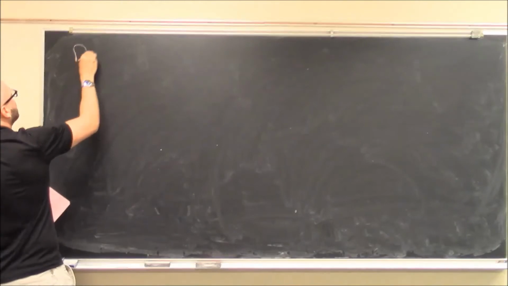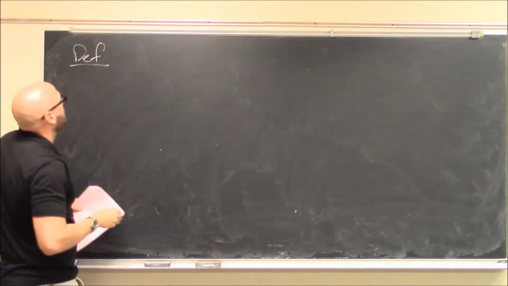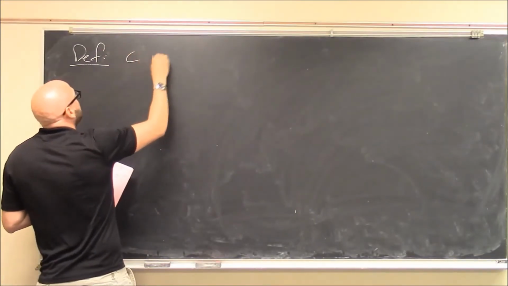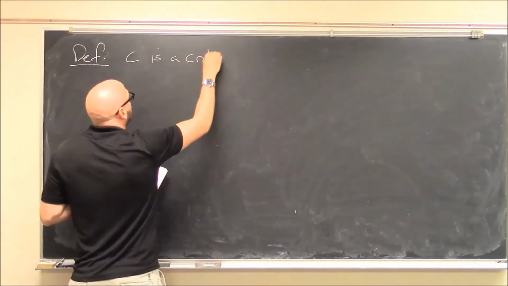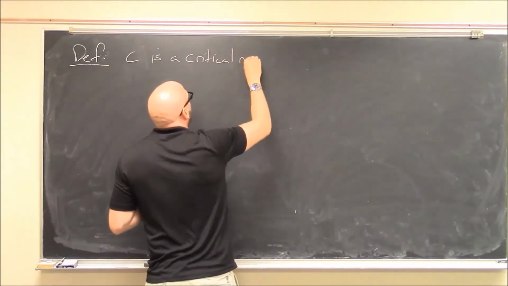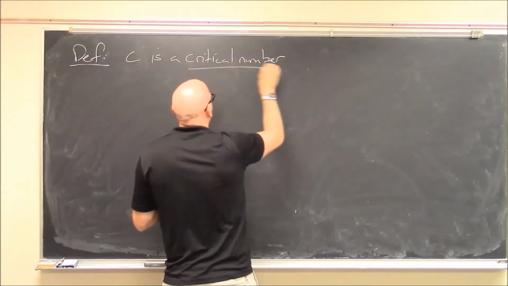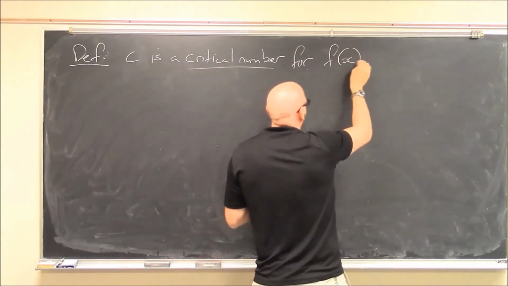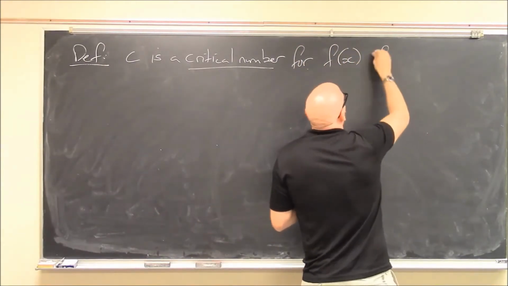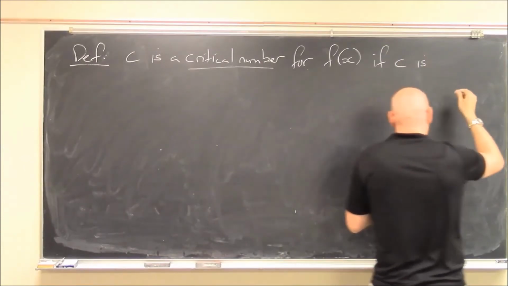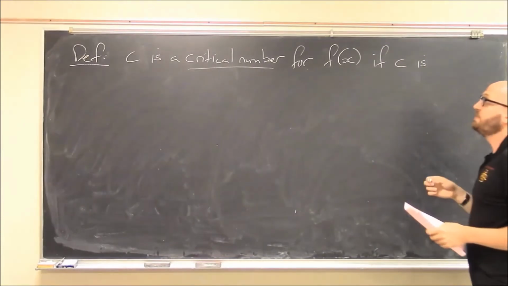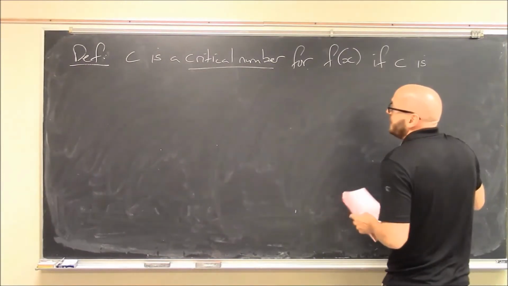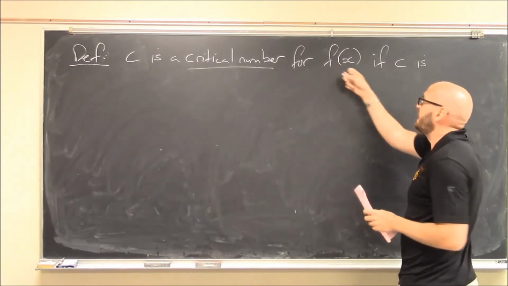All right, so we'll make this definition. I don't often write down formally a definition, but here's our definition. C is a critical number for a function f if, and this is one thing that people forget about critical numbers, C is first in the domain of f, so f has to be defined there.